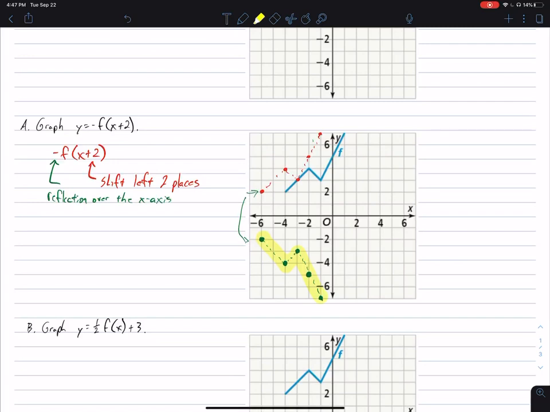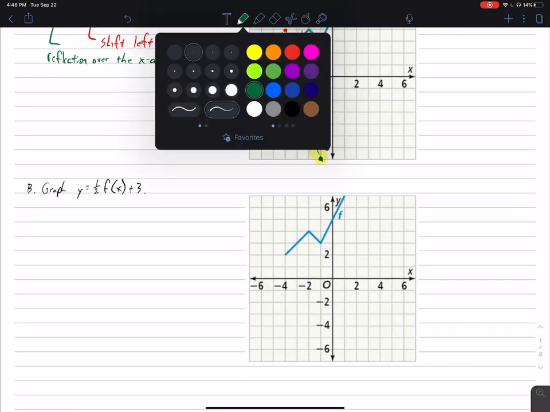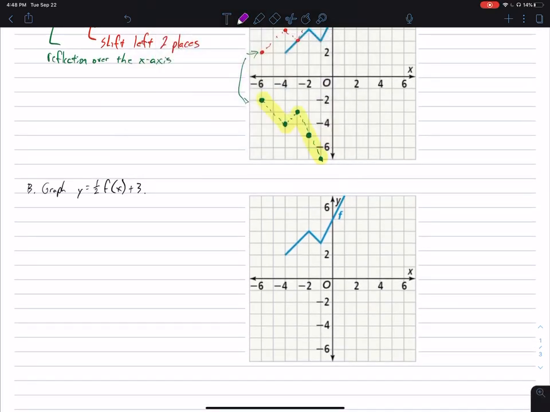So let's take a look at problem B. We'll change up the colors here. So graph y equals 1/2 f of x plus 3. So let's look at the 1/2 first. That 1/2 is going to represent either a stretch or a compression.